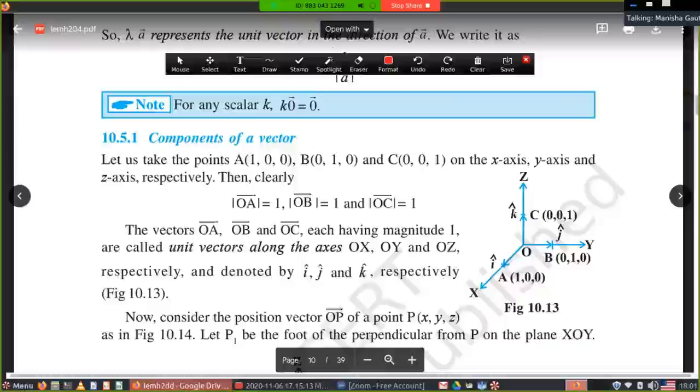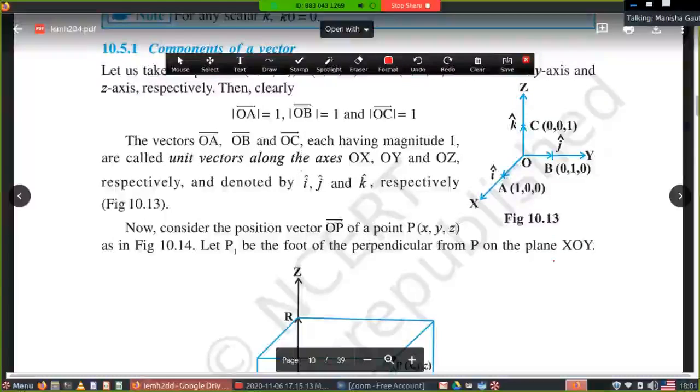If I take a point A on the x-axis, the point A is (1, 0, 0), point B is (0, 1, 0), and point C will be (0, 0, 1). And here, the vector along OX is the unit vector i, along OY is the j vector, which is a unit vector, and k is a unit vector along the z-axis.